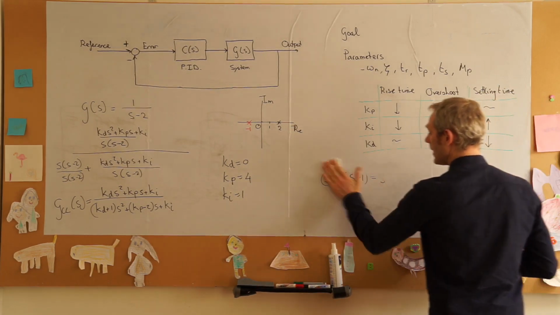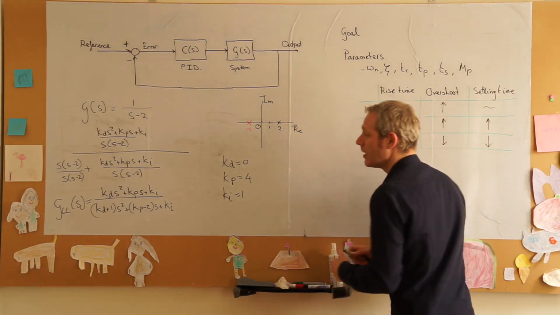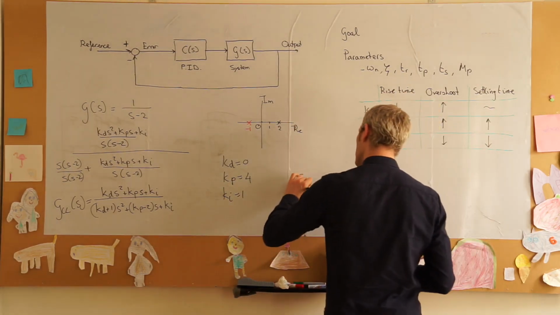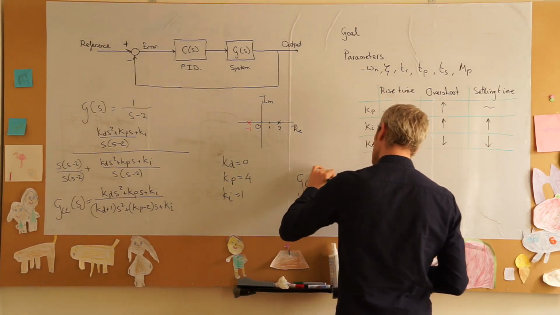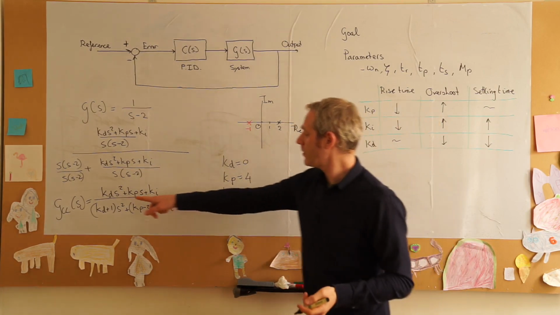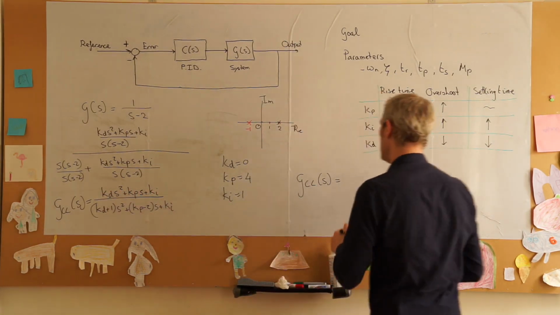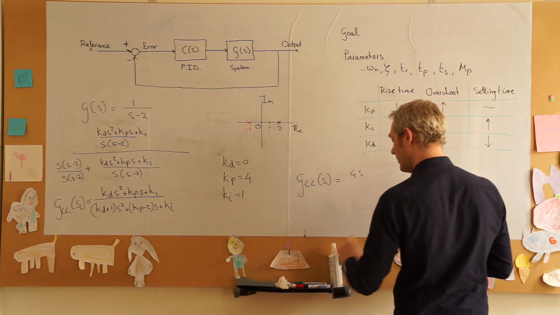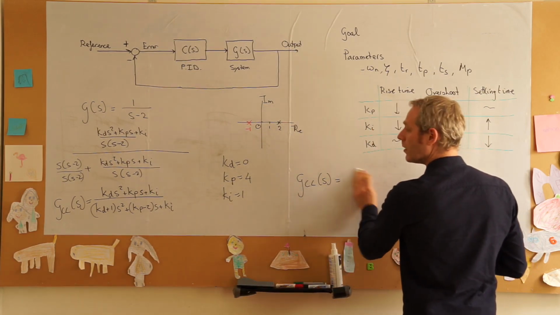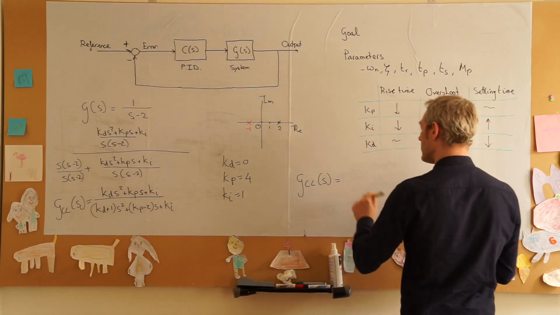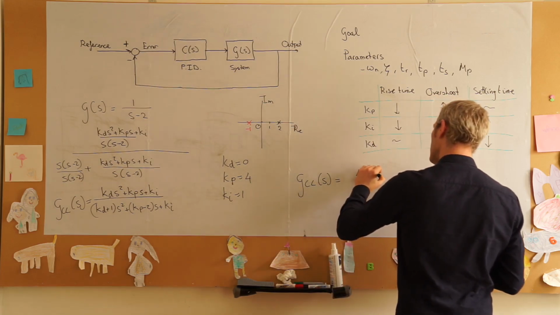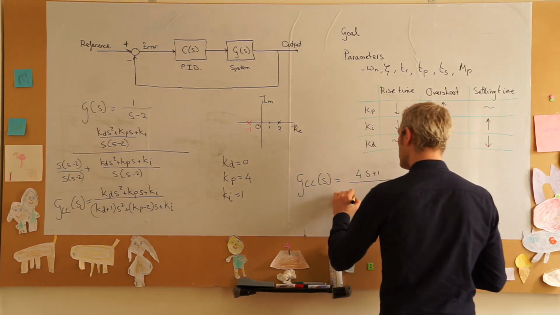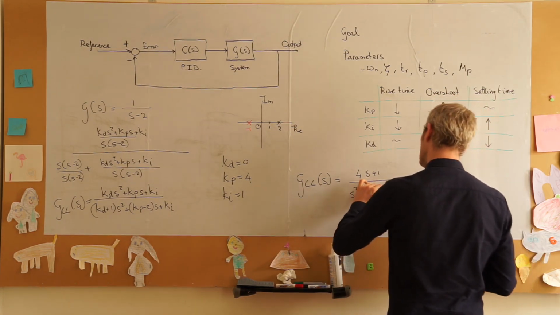And we can actually prove this by plugging in these numbers. And what do we get? Our closed loop transfer function is then equal to 4s plus 1 over s squared plus 2s plus 1.